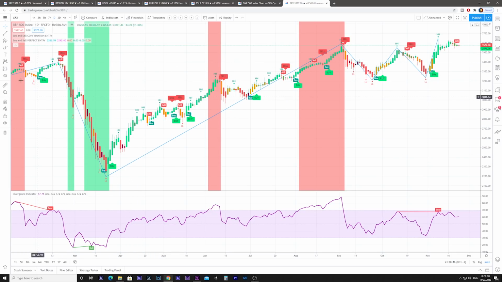And also from here to here you had 31.79%. This is on the S&P 500. Also we can see a bearish divergence here followed by a sell signal here. So what we should expect is the S&P 500 to go lower right now.